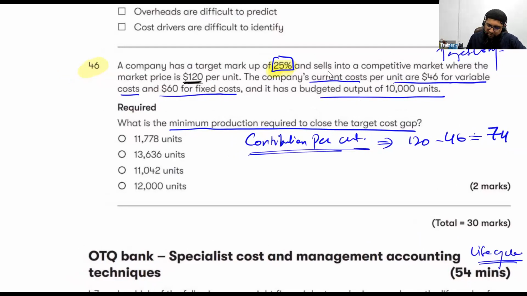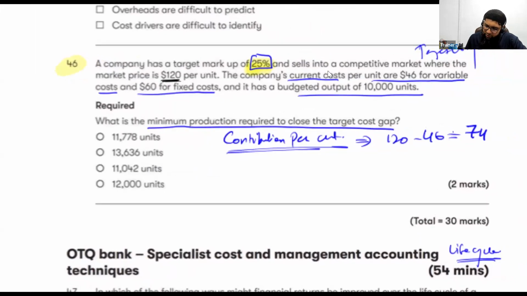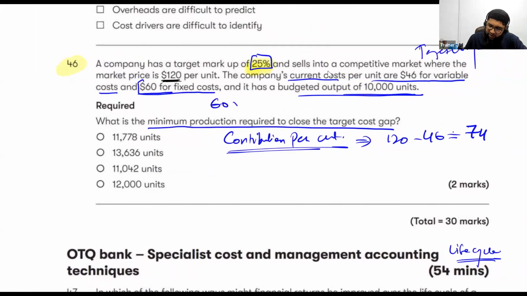Contribution per unit is 74. The fixed cost is $60 per unit, and budgeted output is 10,000 units. So 60 into 10,000 gives you $600,000 as a budgeted fixed cost.